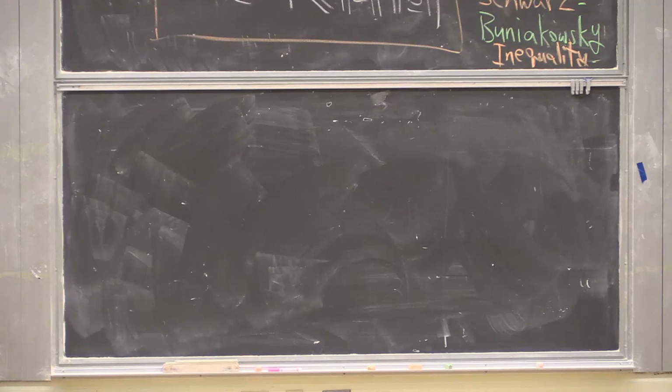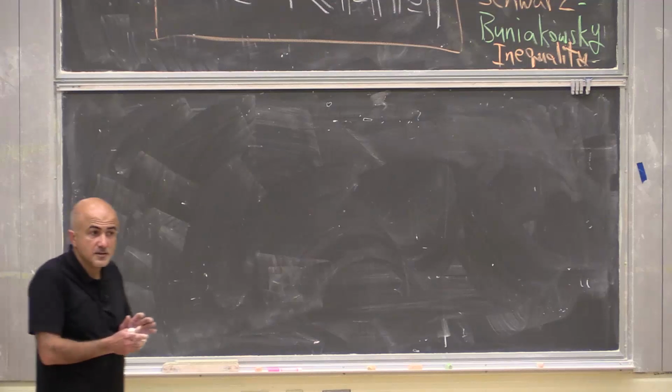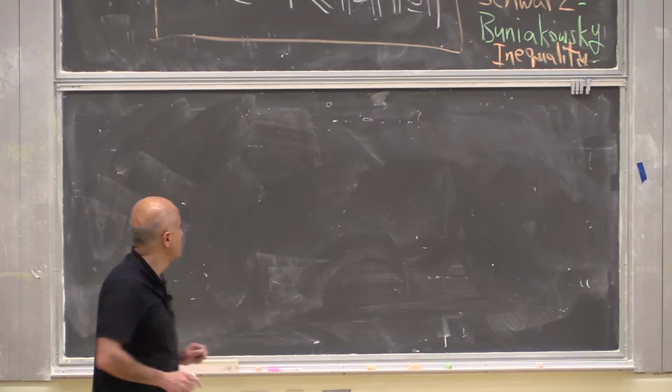Just look at this equation. When would these two sides be equal in magnitude? When the cosine is what? 1 or -1. And when does that happen? When theta is 0 or pi.